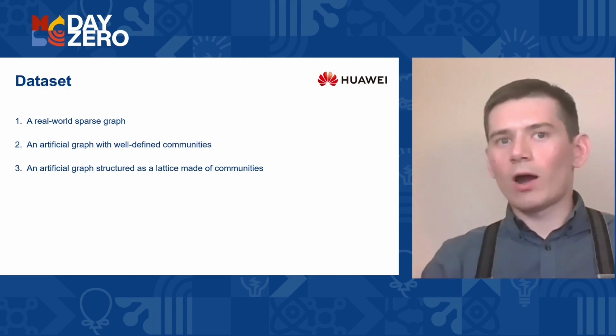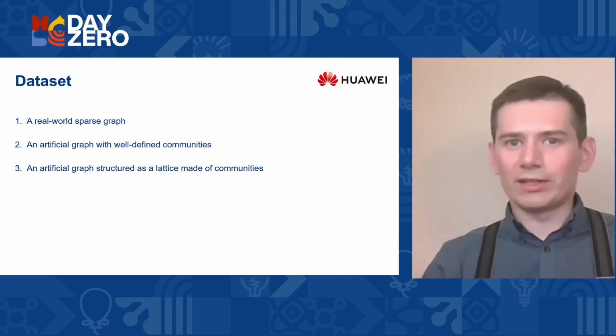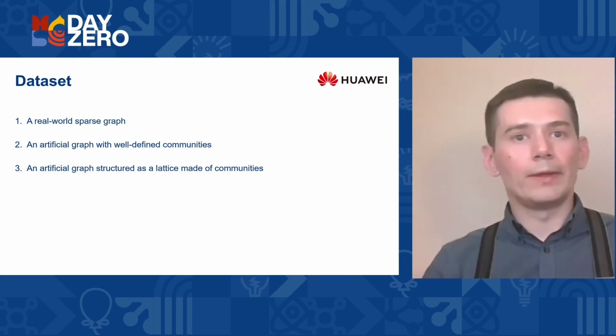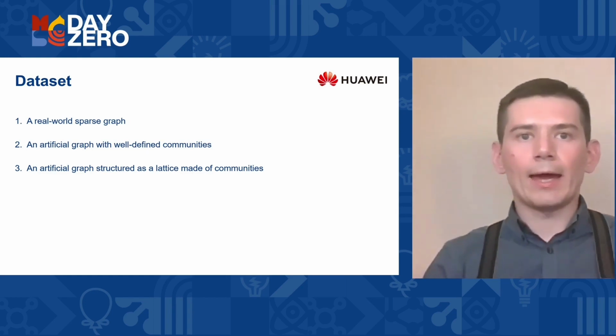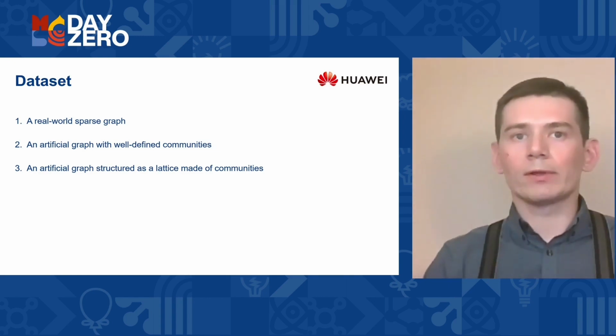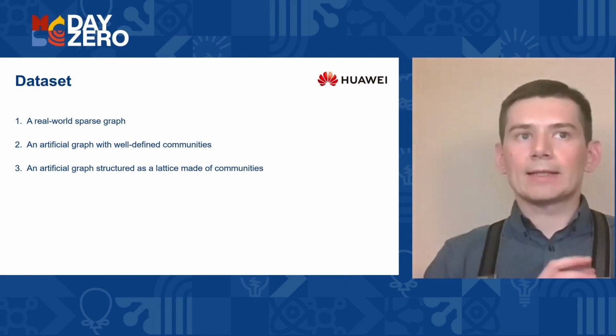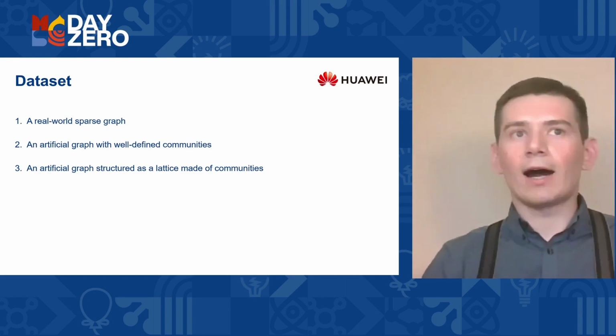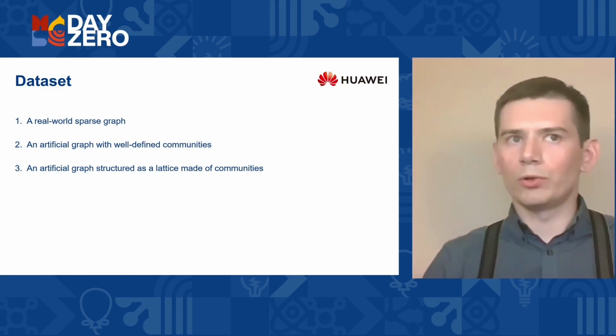And now I will give you the most interesting and exciting part. I will talk about data sets. Today we had 3 graphs. The first one is a real world sparse graph. The second and the third graphs are artificial graphs. The second graph is an artificial graph with well-defined communities.